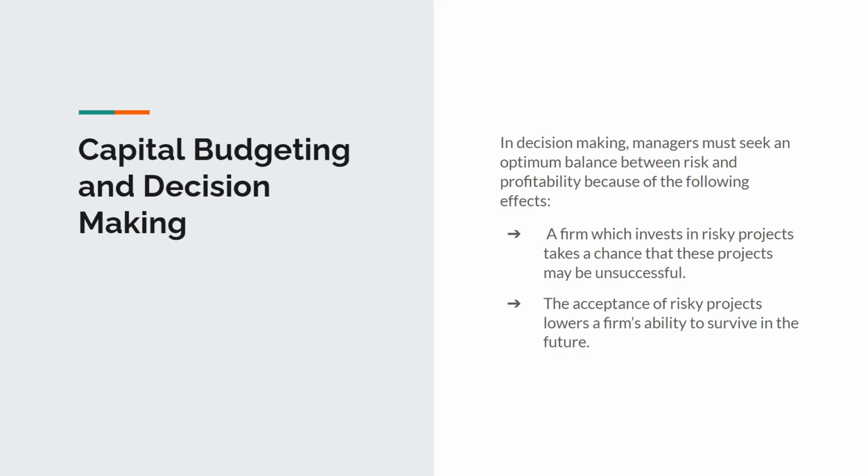Now, as you're talking about capital budgeting, and we have a real life example, sometimes decisions are made, and when they don't use capital budgeting type techniques to influence decisions, you could run into that problem.